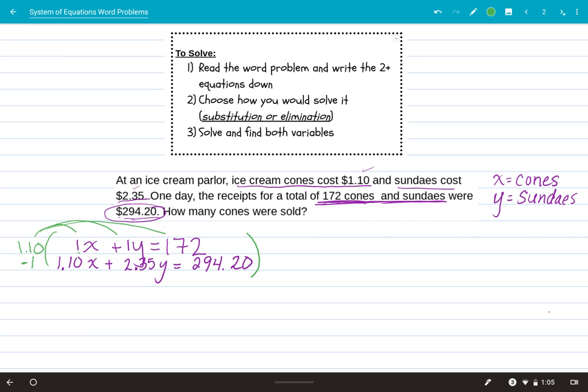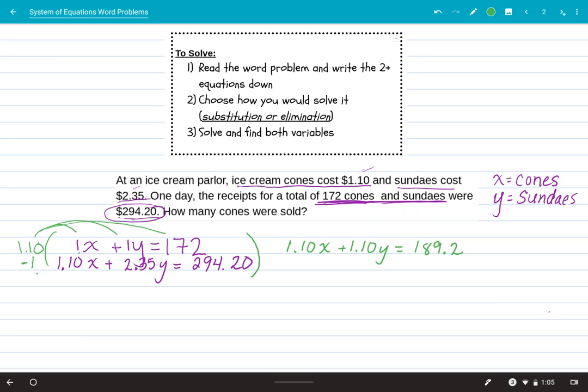Now multiply $1.10 to everything up there. So $1.10x plus $1.10y. And using your calculator, 172 times $1.10, we're going to get 189.2.